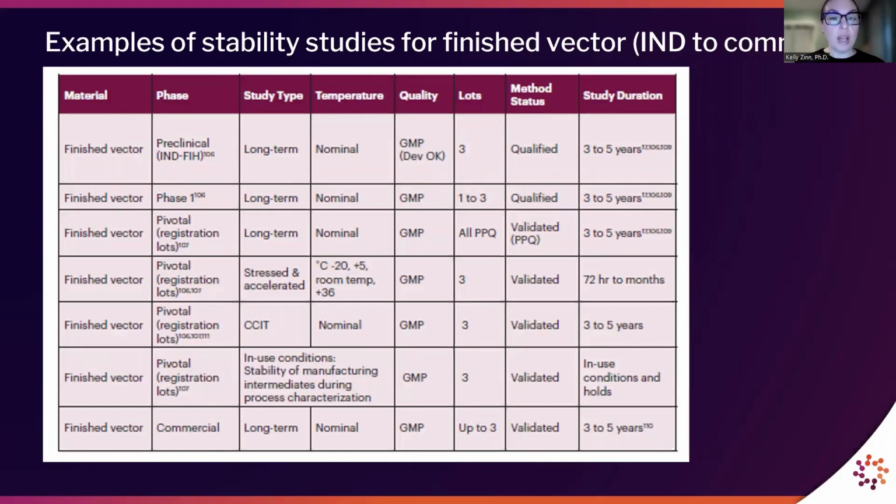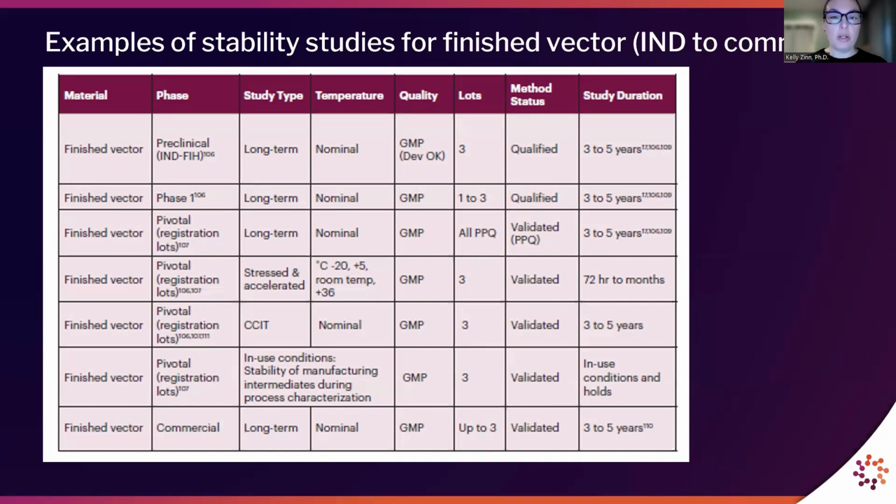And then the real-time finished vector stability studies should be set up to cover either the full development period for the clinical trial phase, or to cover the inventory life of the material. So that's if you go through vectors so quickly that you use up a lot in 1 year, you may be able to have a stability study that's set up shorter than the 3 to 5 year example that I have listed here.